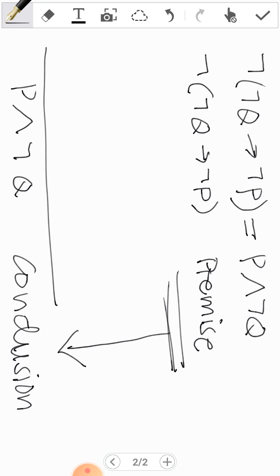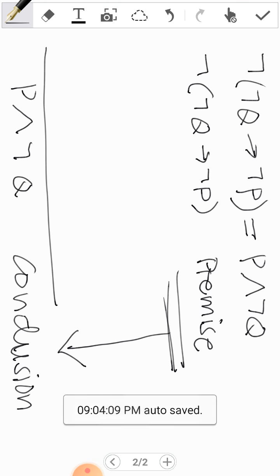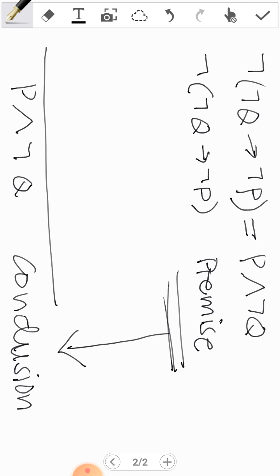So if we will look at the list, we have number 8, material implication. If we are given P implies Q, that's equivalent to not P or Q. Another rule that involves an implication is number 12. Actually, number 11 also.